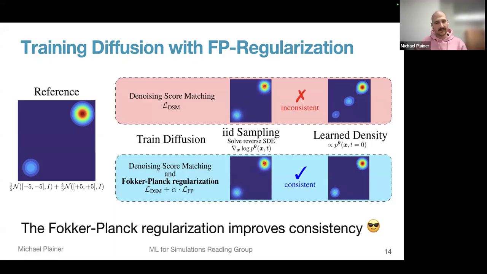Now the question is, does it work with the regularization? And yes, it does. So here we see that diffusion sampling works the same way. And once we introduce this regularization, we can actually recover the density at T0. And this shows that the Fokker-Planck regularization improves the consistency, at least for this simple toy system.